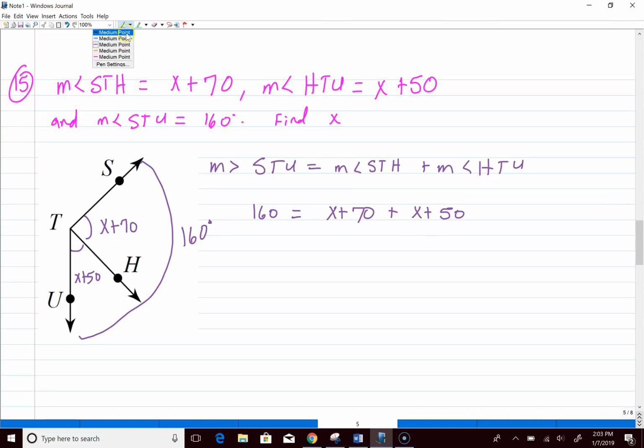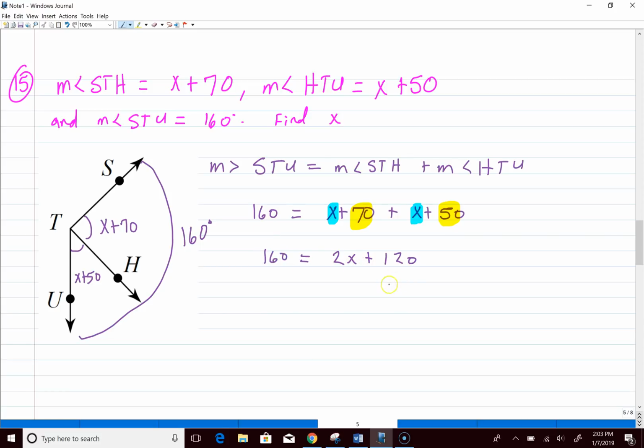But anyways, we combine our like terms. There's an X right here. There's an X right there. There's a number 70. There's a number 50 right there. And they're all positive, which is fantastic. So X plus X, that gives me 2X. 70 plus 50, that gives me 120. Equal, don't forget to bring down your 160.